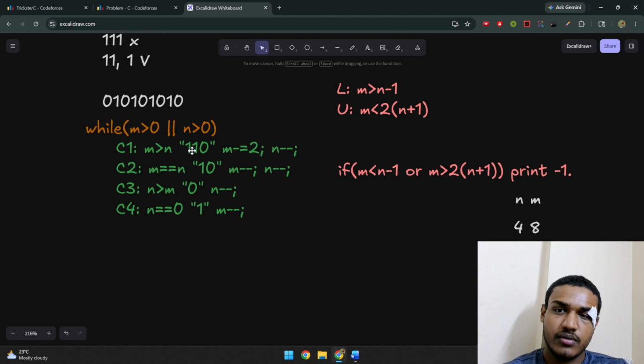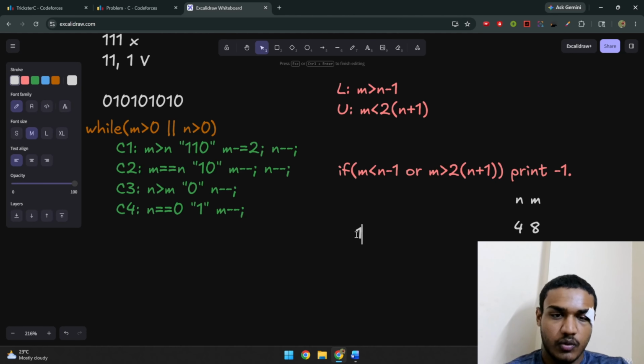So let's quickly go into this section here, which is the while loop we'll have for printing the pattern itself. While m is greater than 0 and n is greater than 0, which obviously they are, we'll check the first condition, where m is greater than n. Yes, since m is greater than n, we'll burn these extra ones that we have by printing a 110.